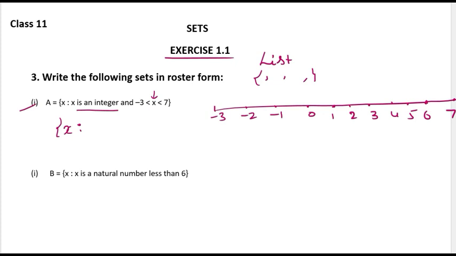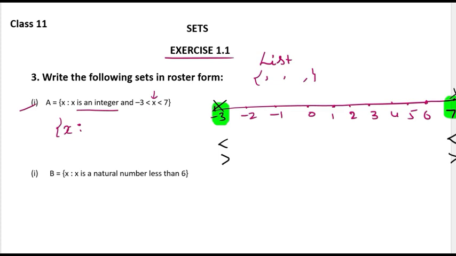I have written the integers on a number line. In this, the first number and the last number are not included. We should not consider the first and last number because they have given strictly less than. Whenever you have a strictly less than or strictly greater than symbol, the first and last number we should never include.